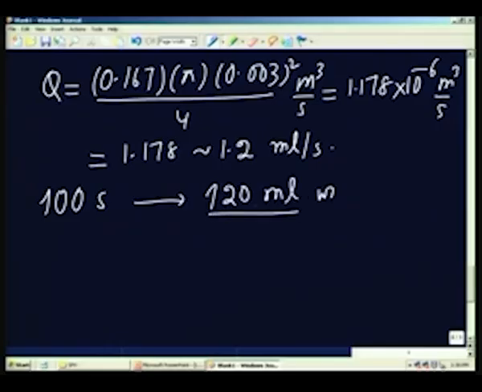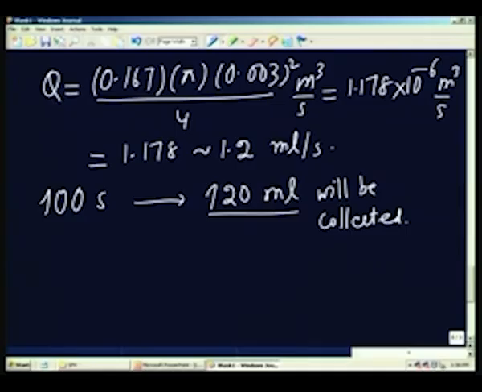So I can perform the experiment for about 100 seconds, something like 2 minutes, and I will be able to collect 120 milliliters, which can be very accurately measured. Therefore, the volumetric flow rate which I have got here is an accurately measurable quantity in this particular experiment. So that is what I am going to do.